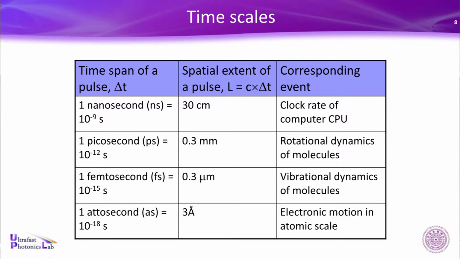What is c times delta t? c is the light speed in vacuum. So light speed times the time duration means what? The length, right? The spatial extension. It means if you have a very good camera, you can take a snapshot of your laser pulse.